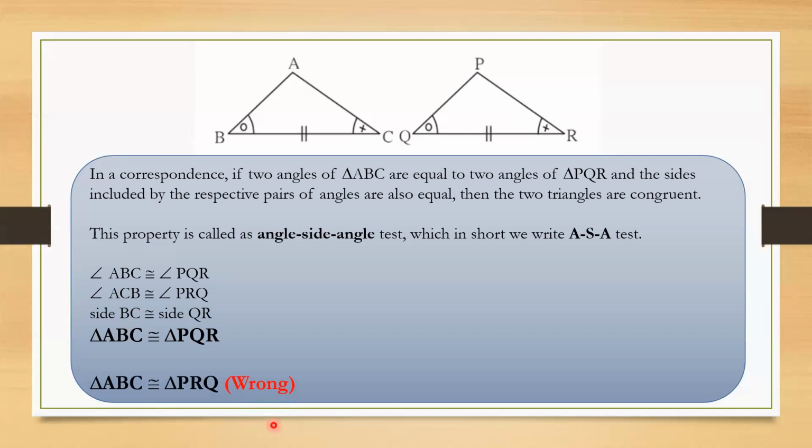Okay, so here I have written one possibility which can be wrong. While writing down that two angles are congruent, triangle ABC is congruent to triangle PQR, you cannot write it this way: triangle ABC congruent to triangle PRQ.